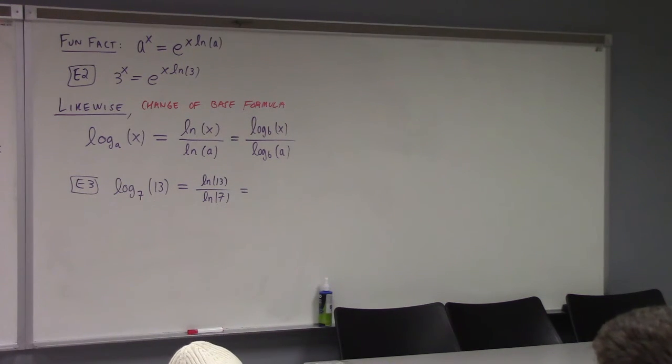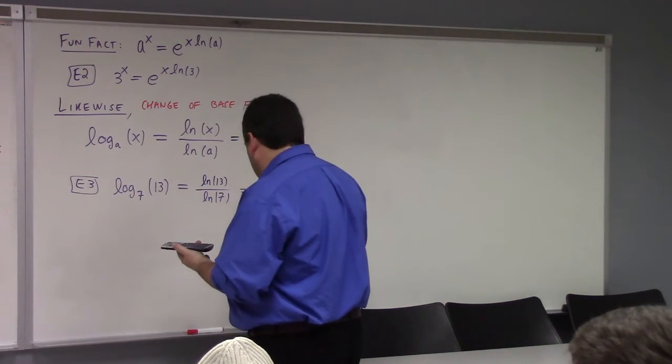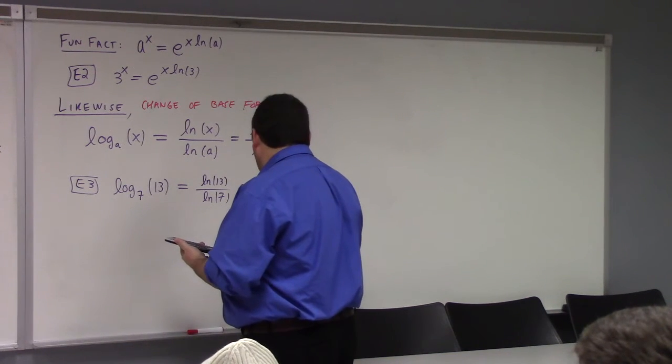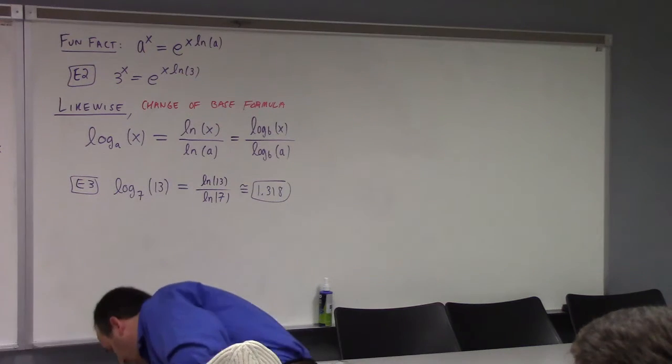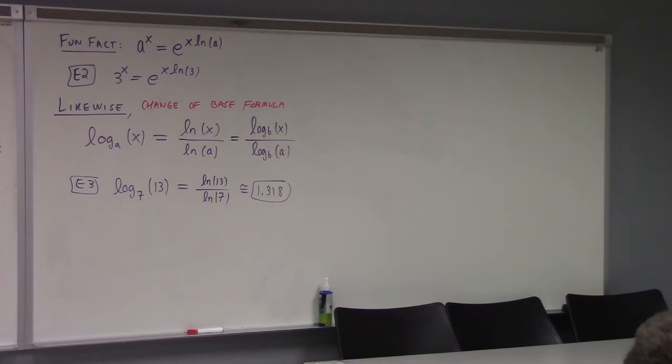So I go over to my handy dandy calculator and calculate the natural log of 13, and I divide by the natural log of 7. And when I do that, out pops 1.318 approximately. So I can use the change of base formula to calculate values of non-standard bases.